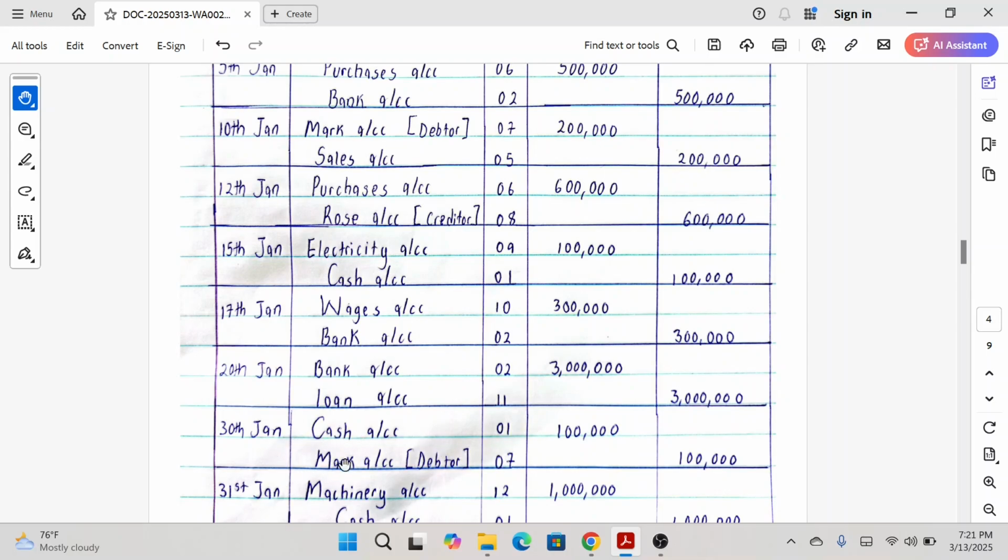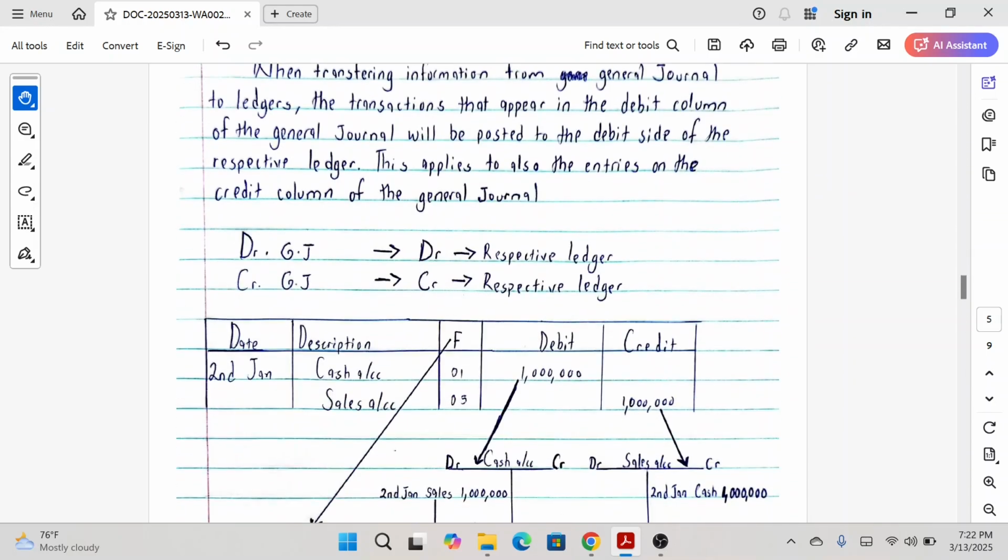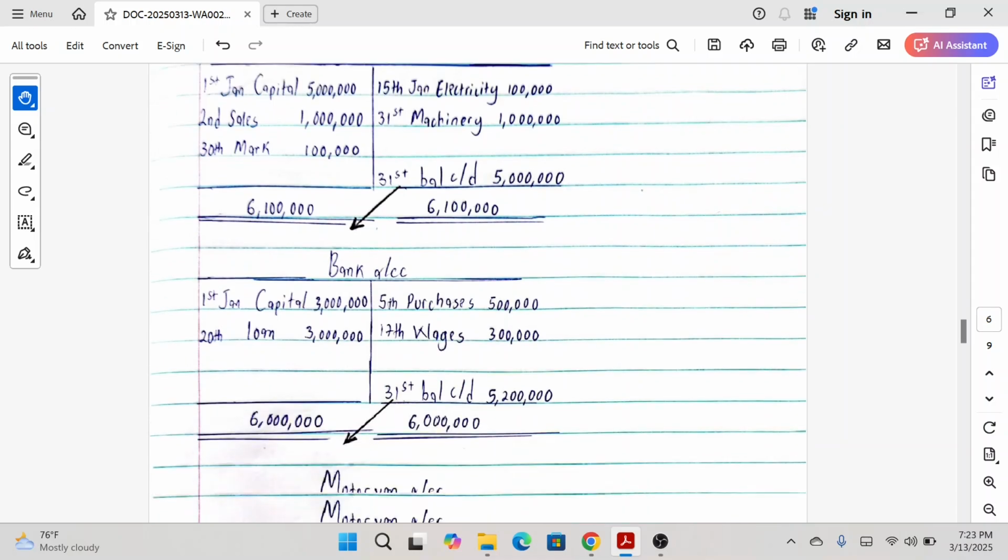So this Mark account is having 100,000, but on the what? On the credit side. So you're going to come and you call it cash, because the money is coming from the cash account. So you're going to go on the credit side of Mark's account. You put there 100,000.